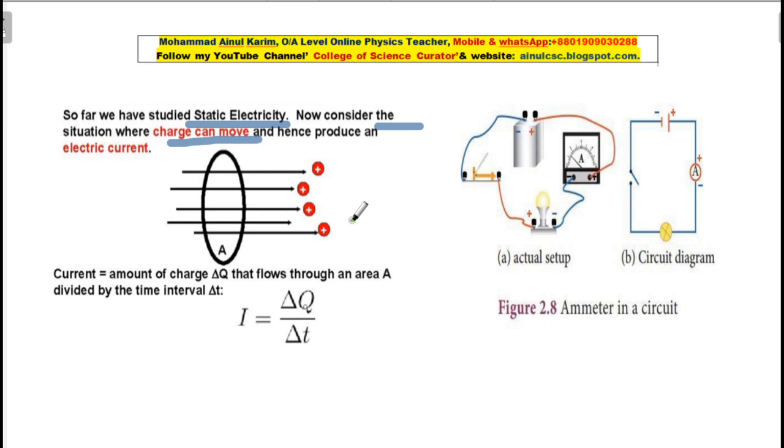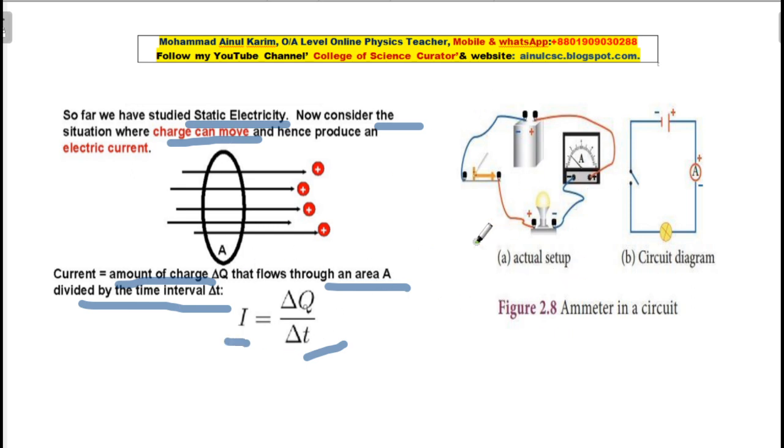The amount of charge delta Q that flows through the area is divided by the time interval. The ratio of the total charge to the time interval is called the current.